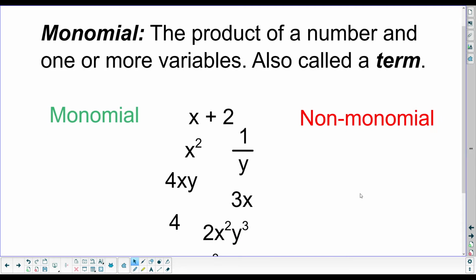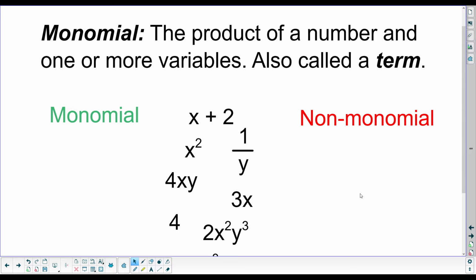Okay, so the first thing we want to talk about is what's called a monomial. A monomial is a polynomial, okay? A monomial is simply a product of some number, which we call the coefficient, and a variable.